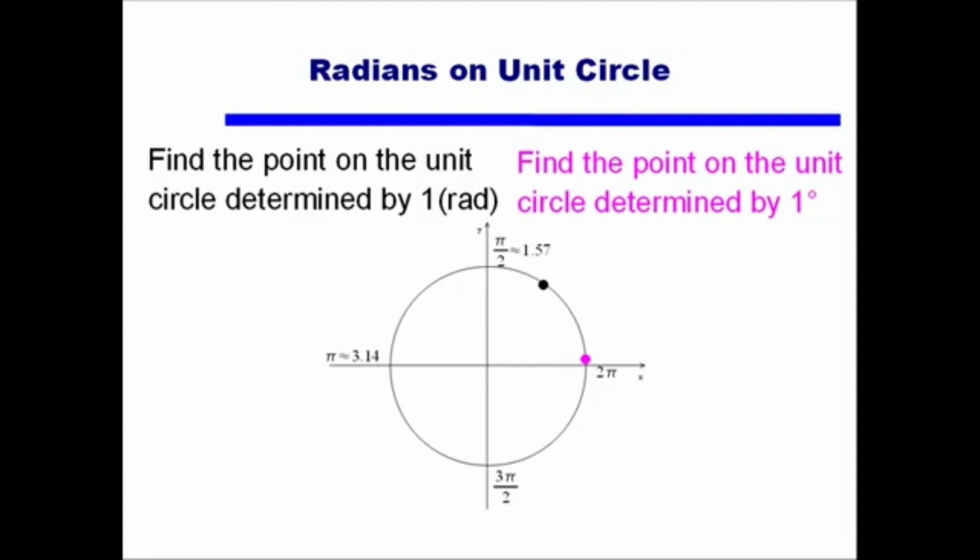There's 360 degrees in a circle, but there's only 6.28 radians in a circle. Notice up above I did say 1 and then parentheses rad. Sometimes you'll see that abbreviation, but most likely it would just say 1.